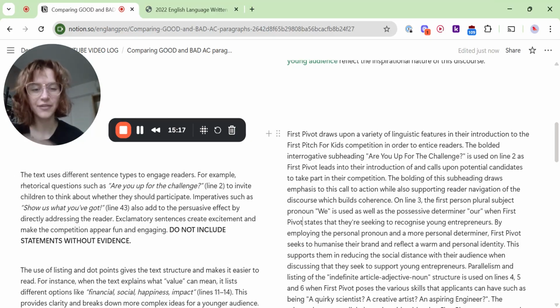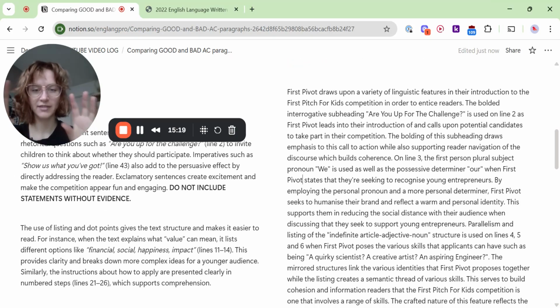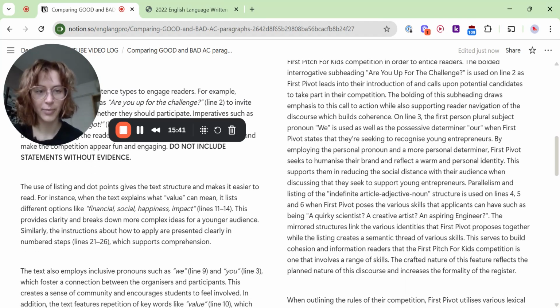But the difference between these two paragraphs on each side of the screen, if you think about it bigger picture wise, is that on the right side, we talk about one sentence type, but that sentence type is also a subheading, so it's also formatting. And then we go on to first person plural subject pronouns, and then we talk about parallelism. These are all much more salient features than sentence types.